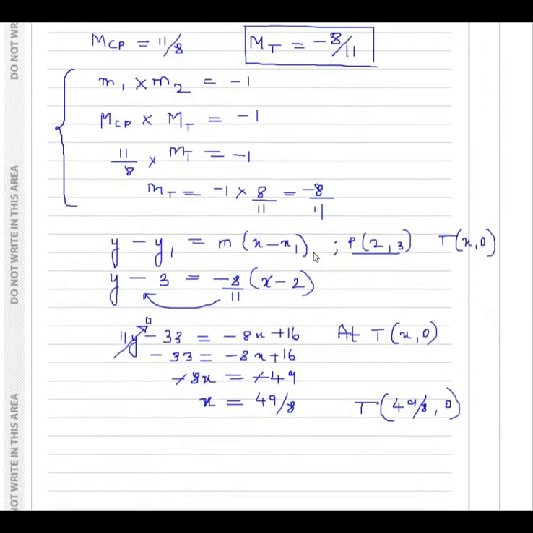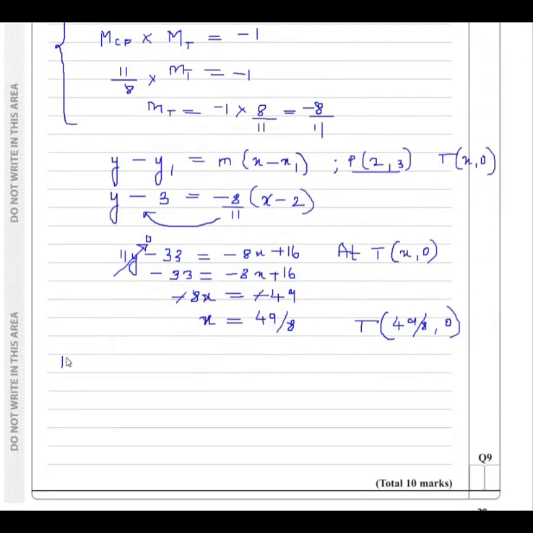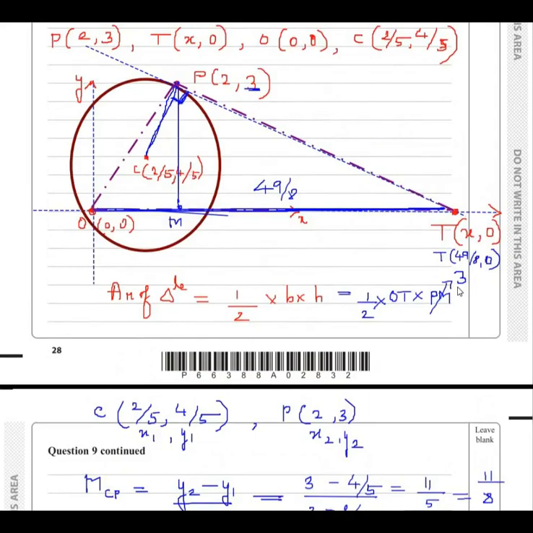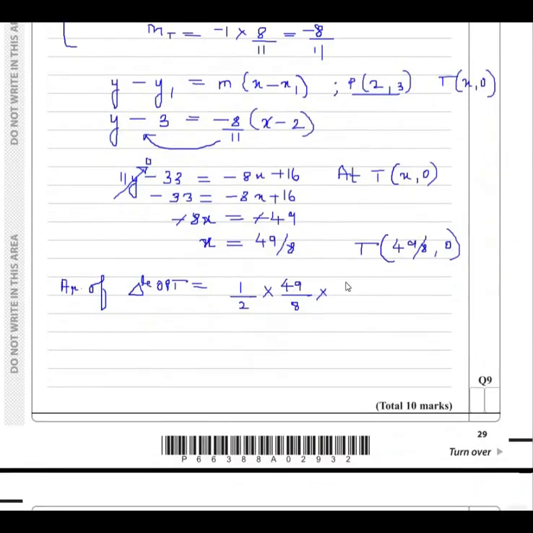Let us put it back in the area of the triangle. Area of triangle OPT equals 1 over 2 times base, base was 49 over 8, times the height, which we had already calculated as 2. So put it over here as 2.